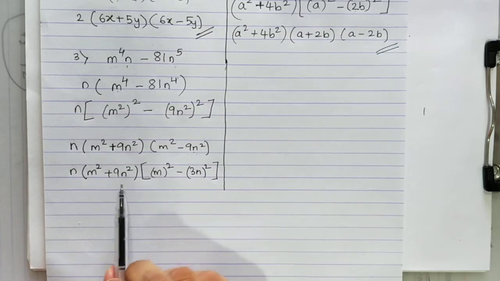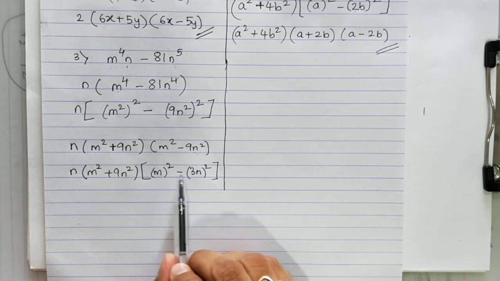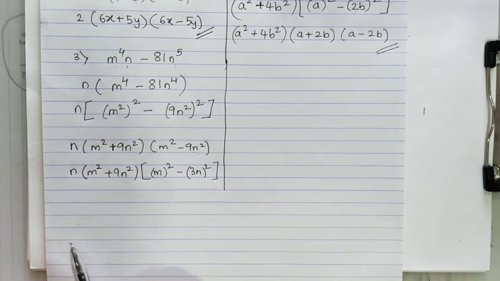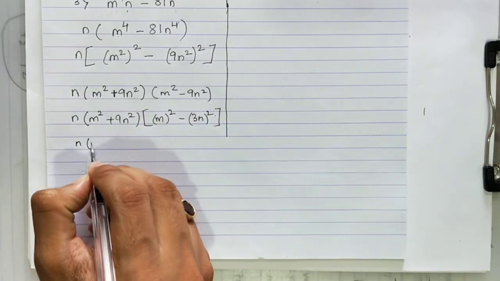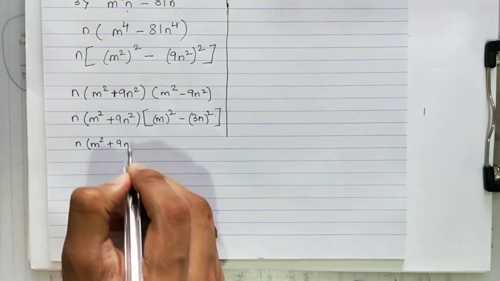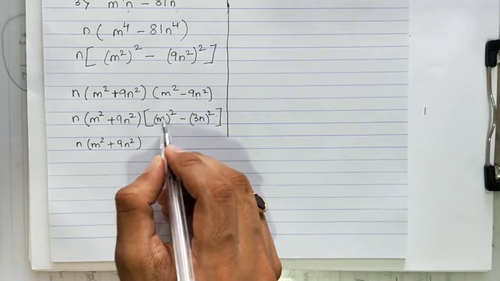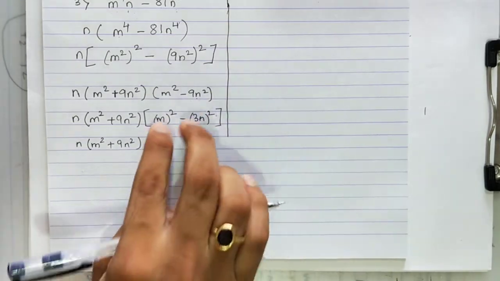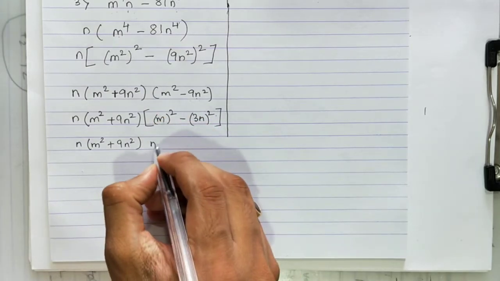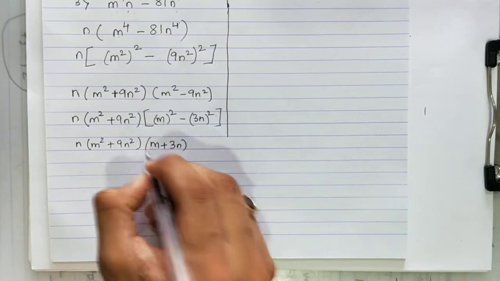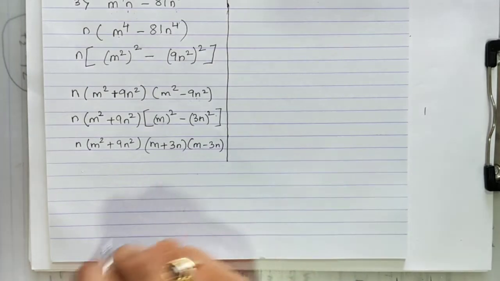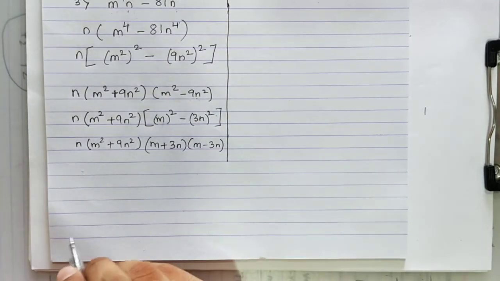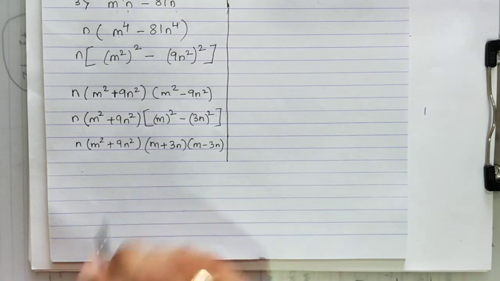Okay. Now I again have first bracket square minus second bracket square. So this will become a square minus b square. Add both the brackets, subtract both the brackets. So m plus 3n, m minus 3n. Okay. Sum is complete now. Further we cannot solve it.